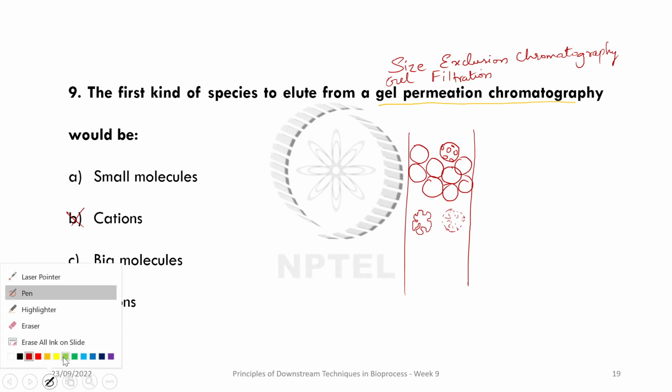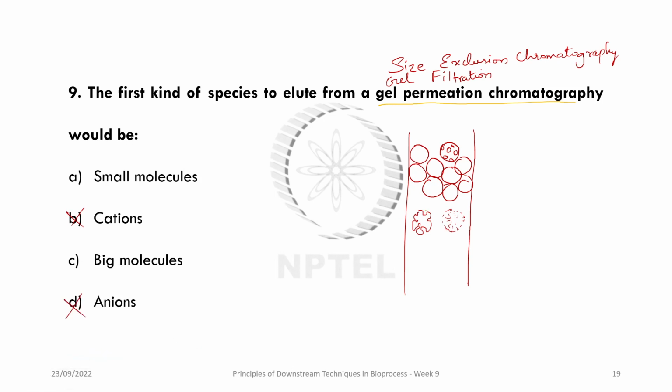Now, if the molecules are small, they're going to go and spend some time in the pores before the elution medium, or the mobile phase, can bring them out, right? Whereas the ones that are bigger, they will not be able to go into the pores at all. There will be some that can barely go in, very tiny ones that will spend even more time inside.